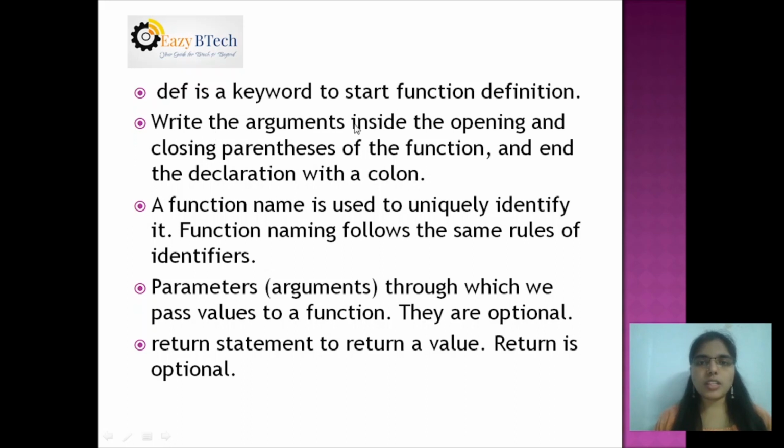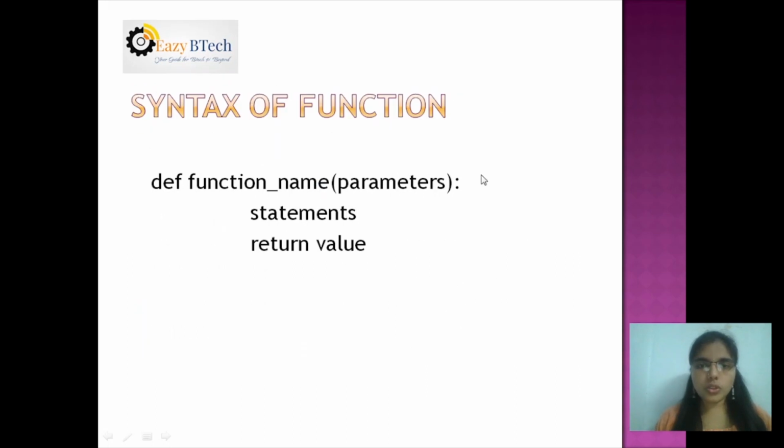Write the arguments inside the opening and closing parentheses of the function and end the declaration with a colon. Must and should, you have to write a colon at the end of the declaration, and parameters are optional. You write parameters inside the open and close parentheses.